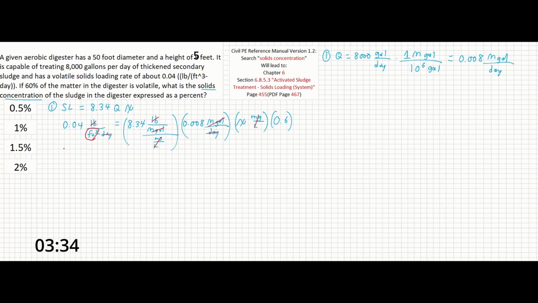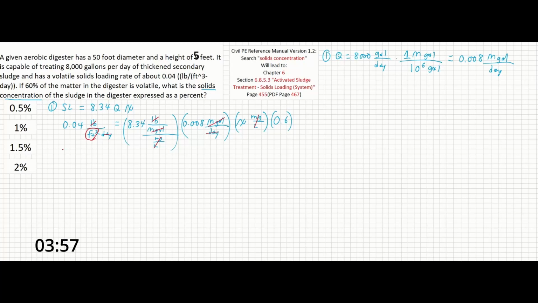How can we do that? Well, we've been given the dimensions of the digester. So if we want to get the solids loading rate here into pounds per day, as is requested by the reference manual, we can simply use the volume of the tank to find the loading rate in only pounds per day.